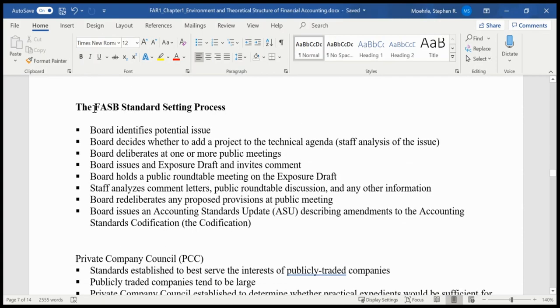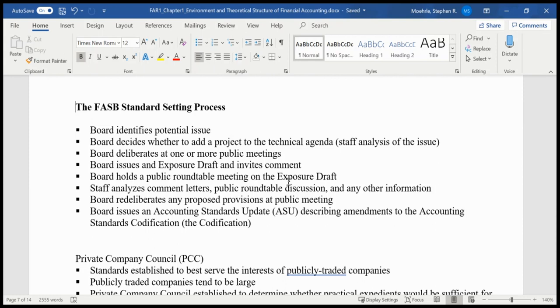Okay, so let's talk about the Financial Accounting Standards Board's standard setting process. When the Financial Accounting Standards Board is going to set a standard, it identifies a potential issue. It then decides whether to add the project to the technical agenda. Once it's on the technical agenda, the board deliberates at one, and usually more, public meetings.